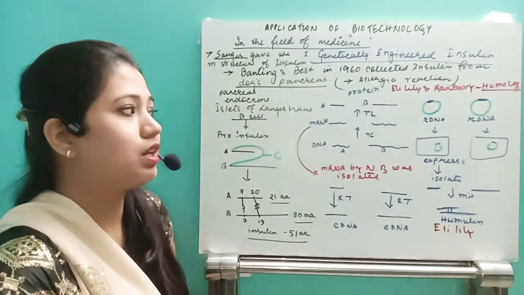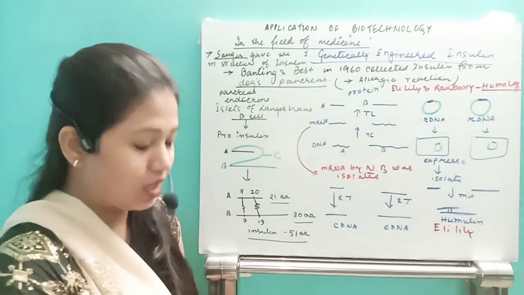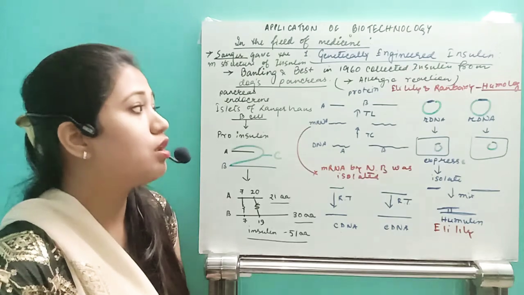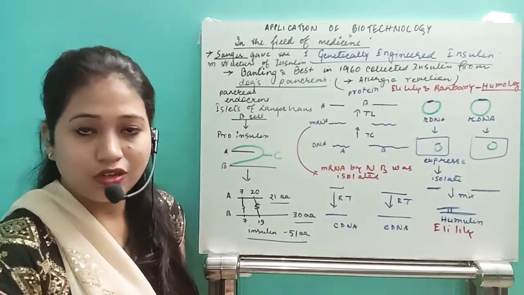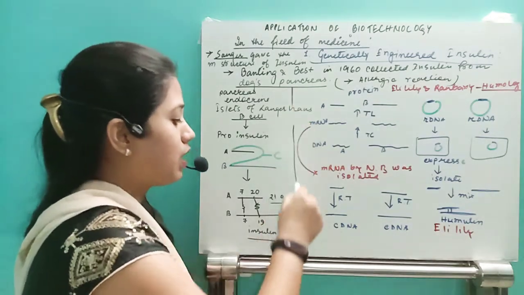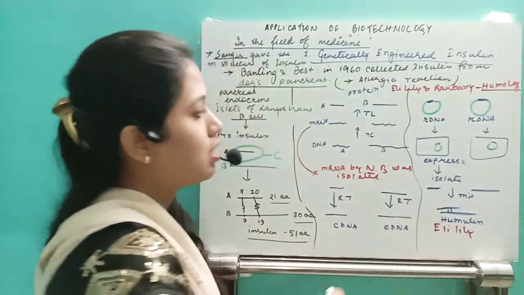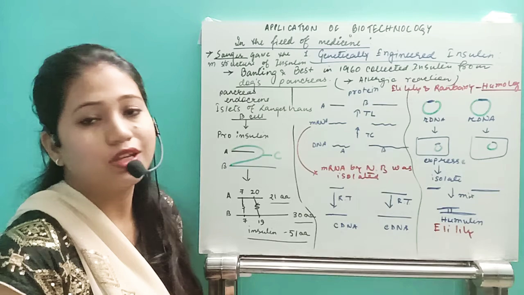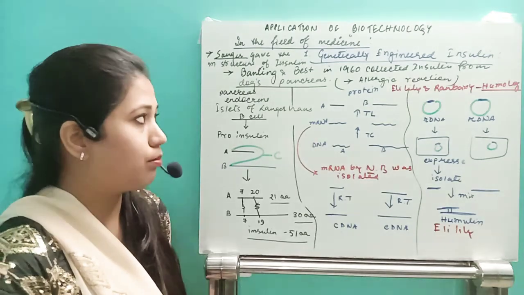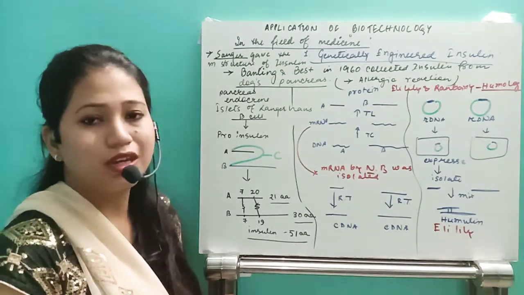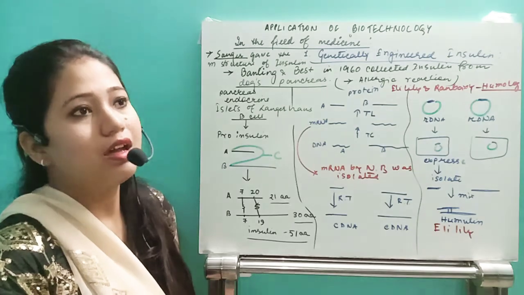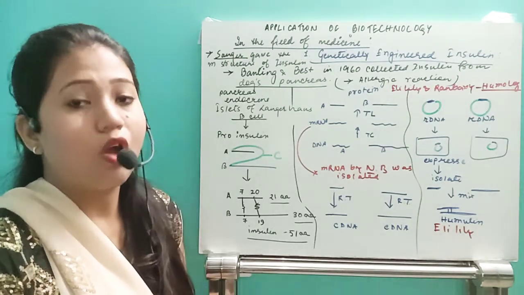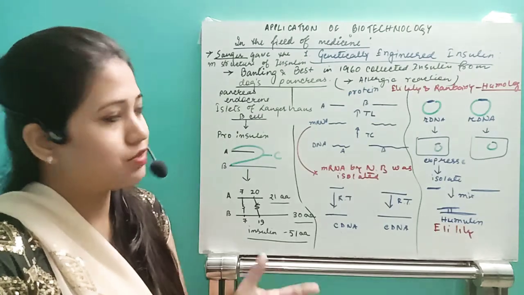So this way the whole of biotechnology is helpful to produce artificial insulin, without any allergic reaction, and it can also work properly. This is the whole idea behind the production of humalog. Remember that this is all about insulin. In the next video we will see the other discoveries or other uses of biotechnology in the field of medicine.